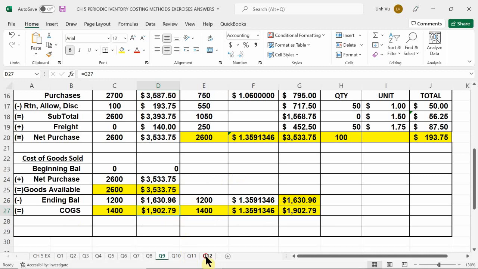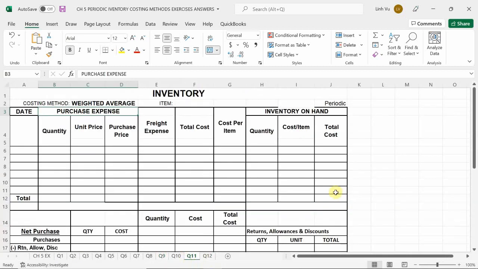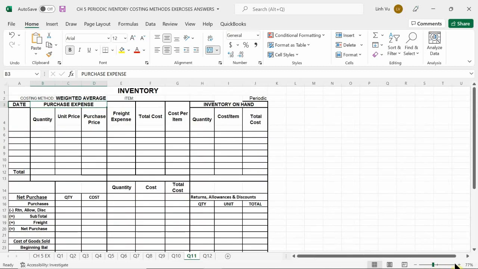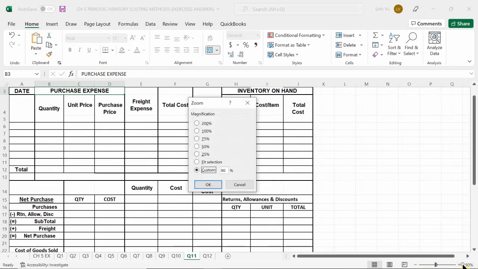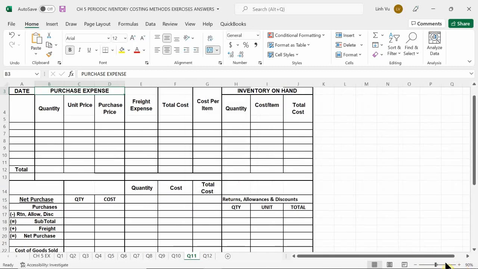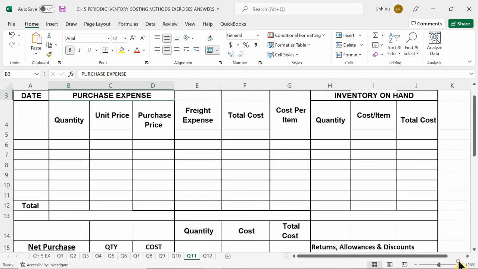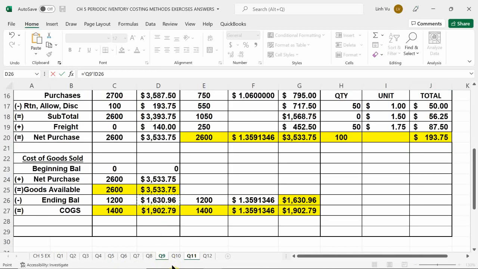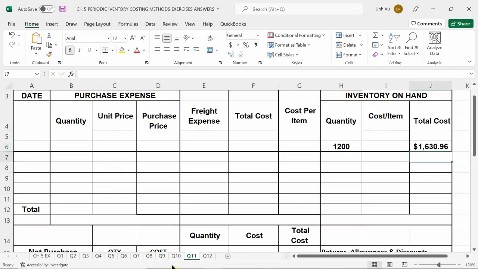So what I'm going to do is go to question 11 here, right? And pop that value into my inventory on hand. Okay, so we have 1,200 units at a grand total cost of $1630.96.